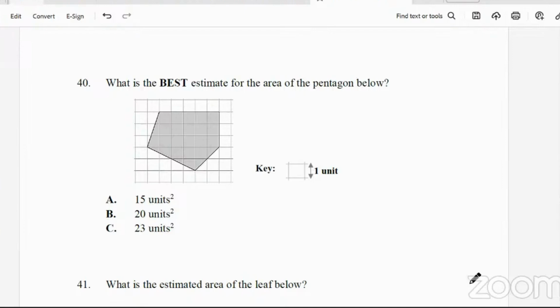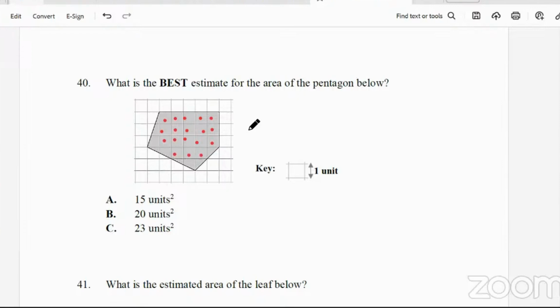So 1 unit is covered by 1 square. What I'm going to do is count the units, and then those half units and other partial units, we'll see how best we can combine them to make up 1 unit. Okay, so we have 1, 2, 3, 4, 5, 6, 7, 8, 9, 10, 11, 12, 13, 14, 15, 16, 17, 18.